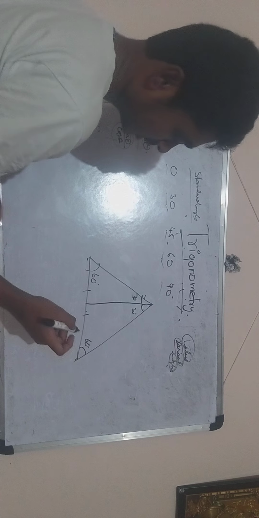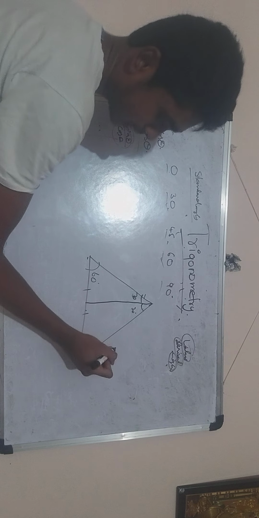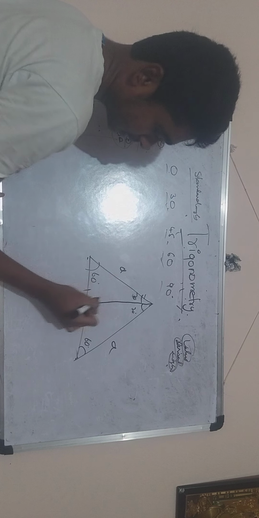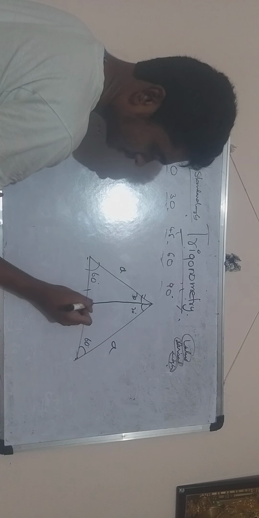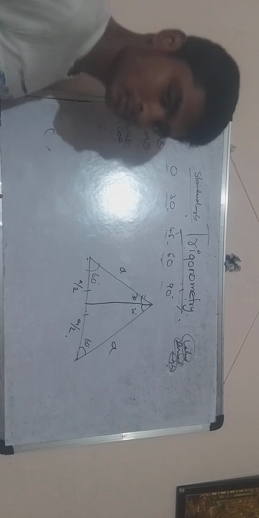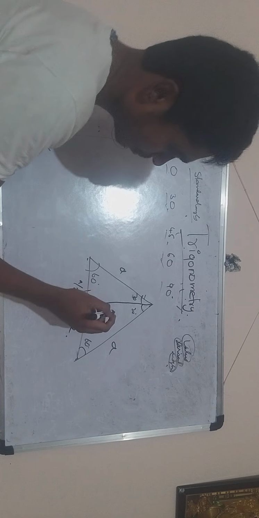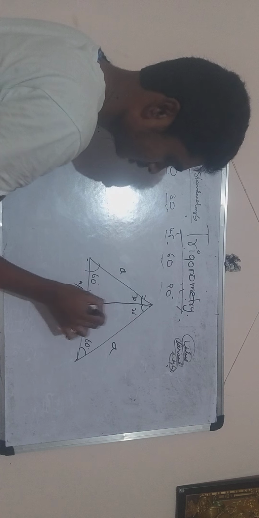After that, let me name the side as A. The entire side is A, but as it's a median, each half is A by 2. By applying the Pythagoras theorem, let us measure the length of this line.